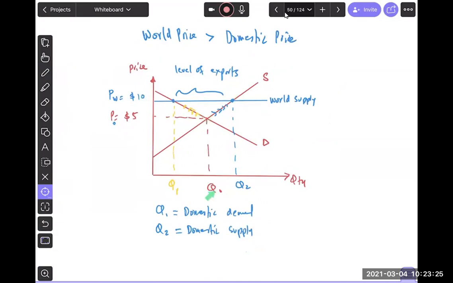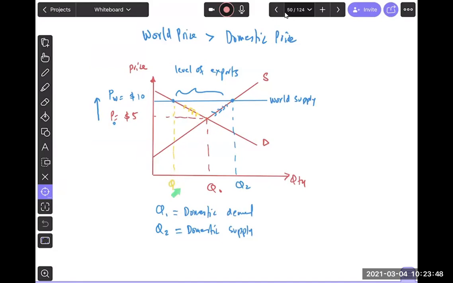So the producer will be like, why should I sell my good for $5 when I can sell it for $10? So he will increase his price from 5 to 10, and he will then produce Q2 quantity. But when the price goes up to $10, only Q1 domestic consumers are able to afford this good. Are you all with me?